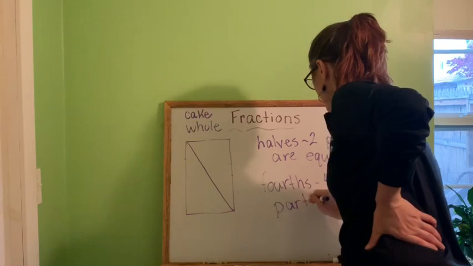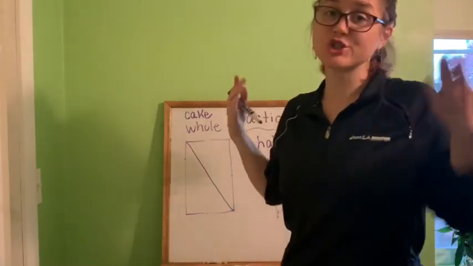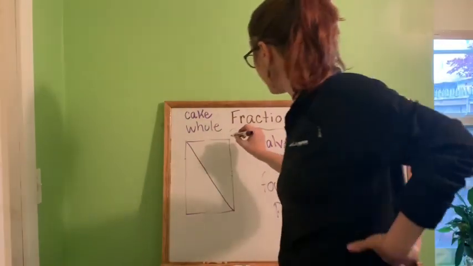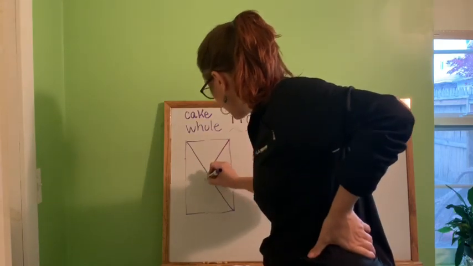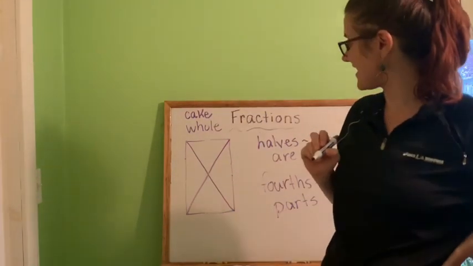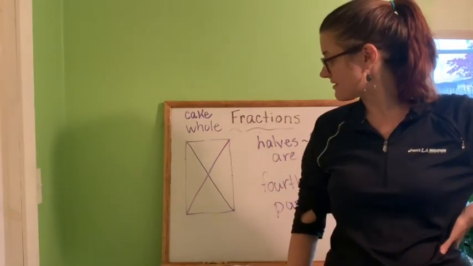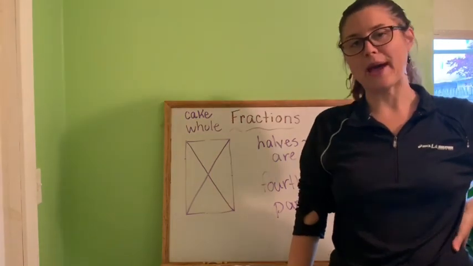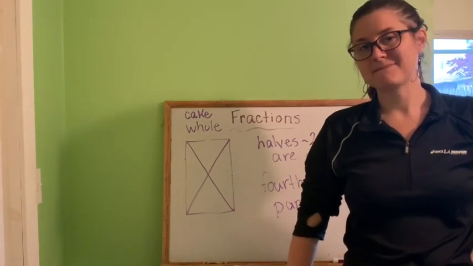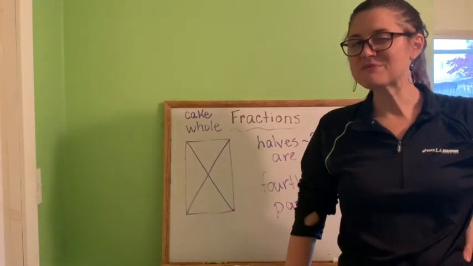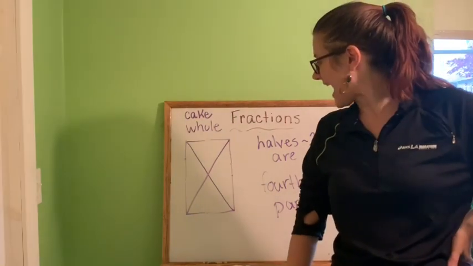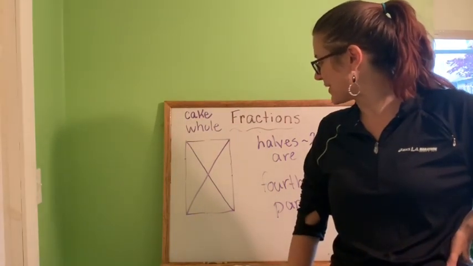4 equal parts. All right, now I'm just gonna show you this one because I already have it up here. So one way I could split that is this. What do you think about that? I hear some yeses, and I hear some no's.